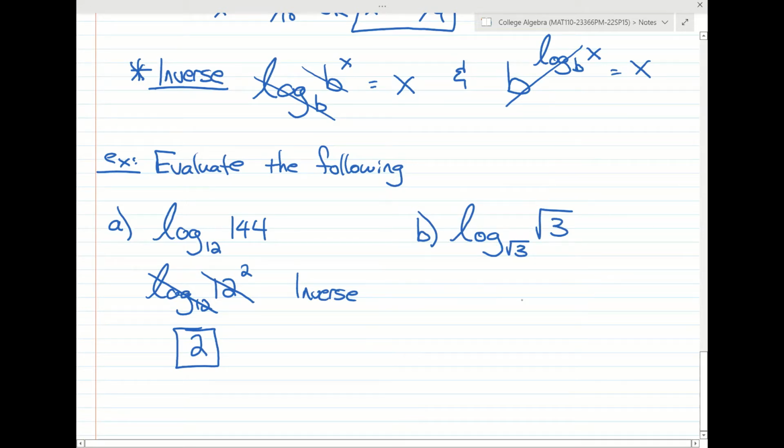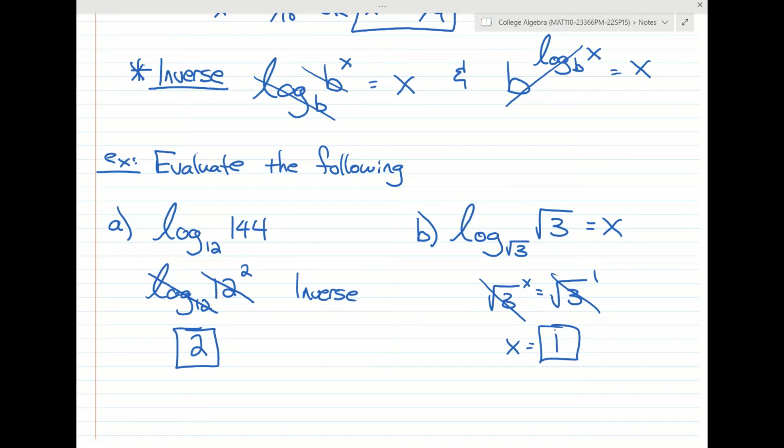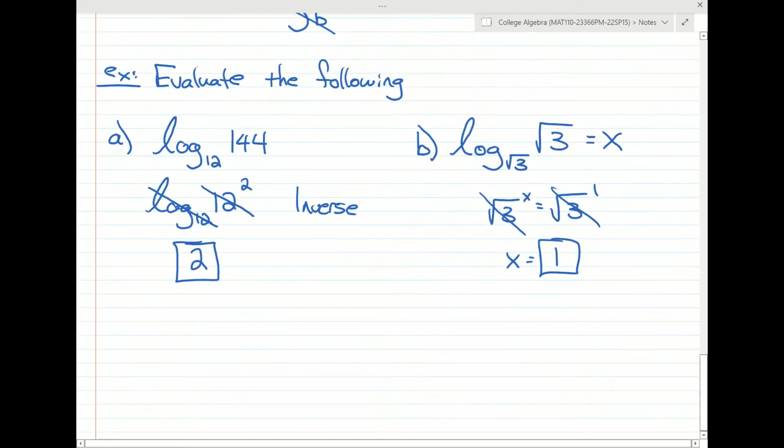Right? Another thing we could do is we can make this equal to x and say the square root of 3 to the x power is equal to the square root of 3 to the first. We'll just cancel these. Either way, you wind up just getting 1. 1 would be the answer. We could either use the inverse property from the start, or we could use the translation property and the inverse property of exponentials.